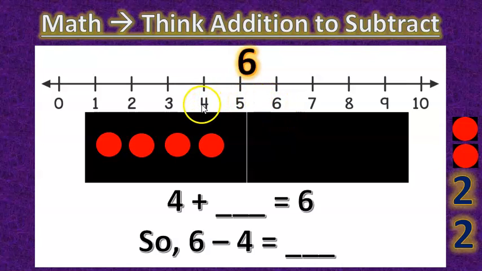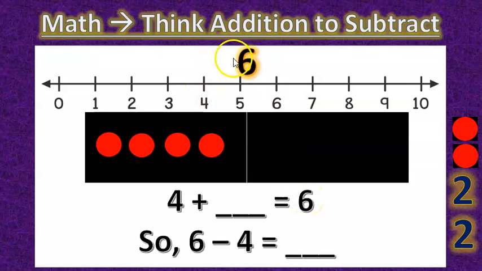So you know you're going to start here, you're going to end at this number because that's 6 right here. Okay? Now, we're going to count by 1. Say, I am going to count by ones. Okay, let's do it together. Remember, we're going to stop at 6 because that number is 6 there.